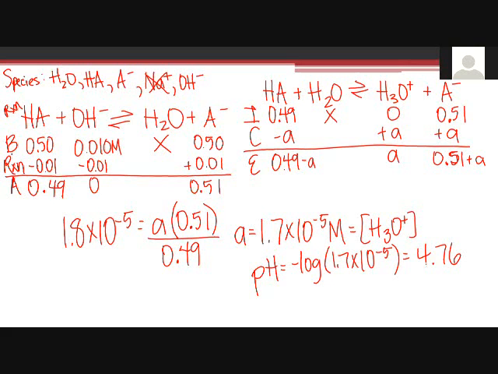Now with what we did at the beginning, I can't for the life of me think about why we had to do that. So I'm going to think about that for a second. But what we're going to do with this number, the 4.76, if we go back to the last example, what was the pH that we got there?